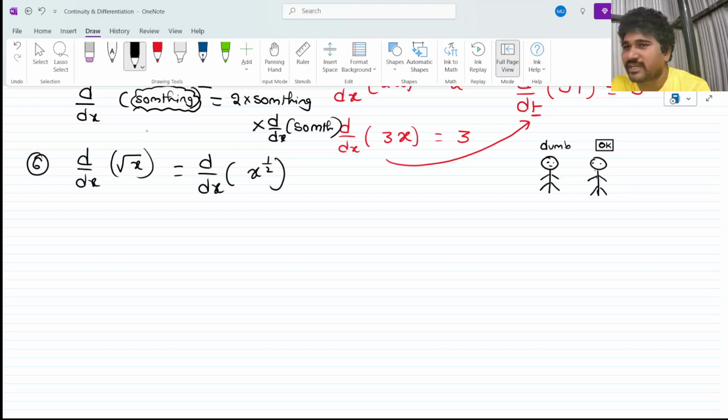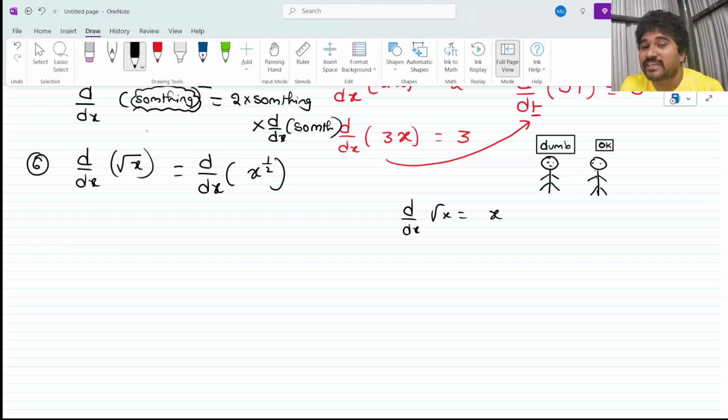Just an okay guy, he is a very dumb guy. So x power 1 by 2, right? What he will think is that the differentiation of root x is x power 1 by 2. You didn't do differentiation. You wrote only root x in terms of normal power.